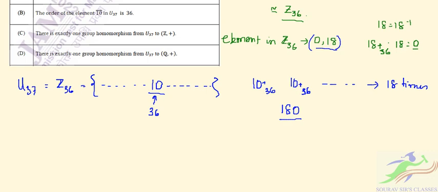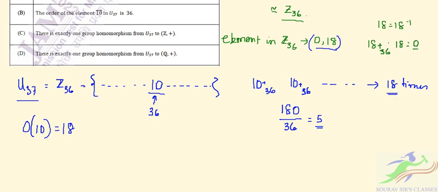If we divide it by 36, there is no remainder, the quotient will be 5. So after 18 times, the order of this particular element 10 is 18, not 36. So the false option is B.